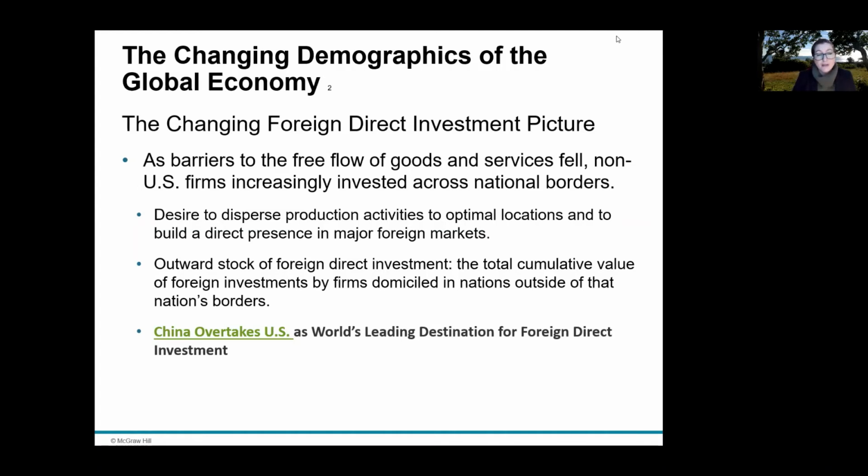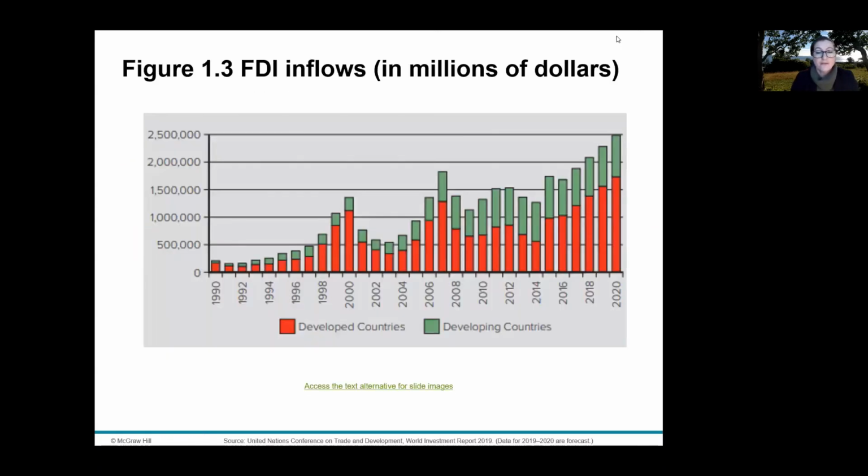And so we end up with this outward stock of foreign investment. Media headlines currently have announced that China has, as of now, overtaken the US as the world's leading destination for foreign direct investment. And we see this trend represented graphically here.